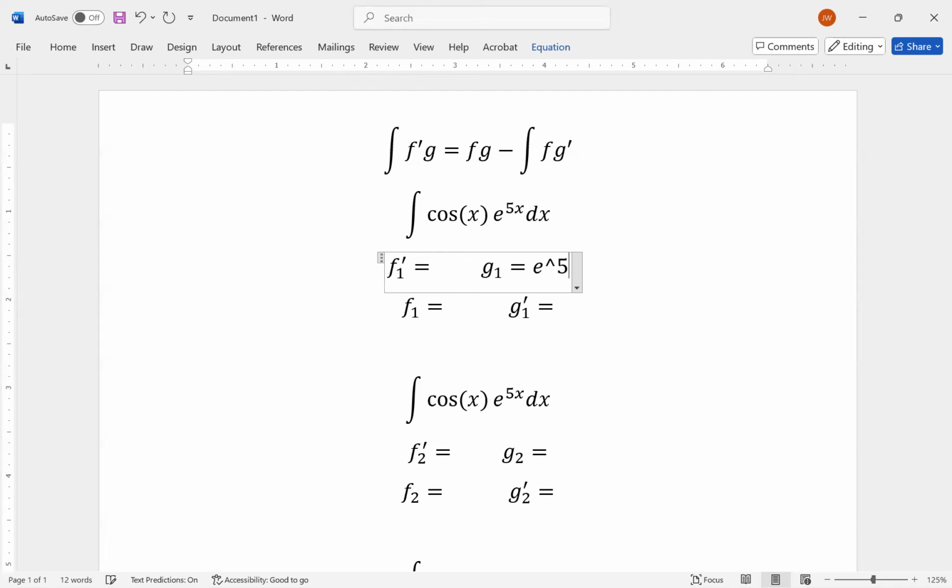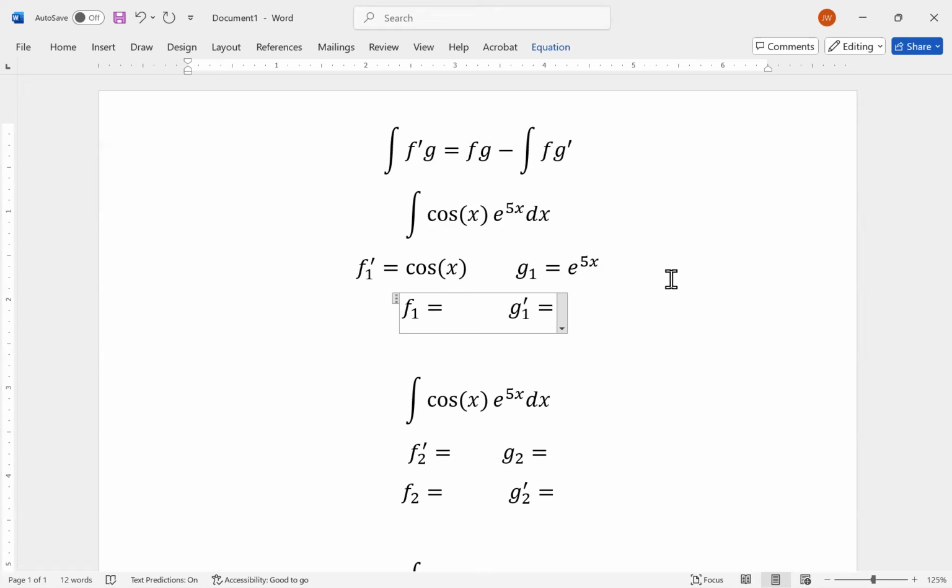I'll put the exponential piece as my g, and the trig piece as my f prime. It doesn't matter that you do that; you could have done the opposite just as easily. Maybe I will do the opposite in a quick way in a second.